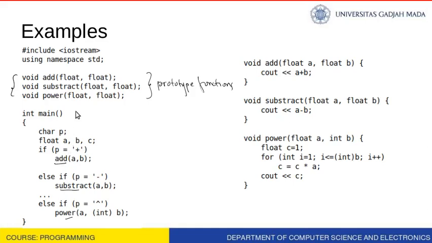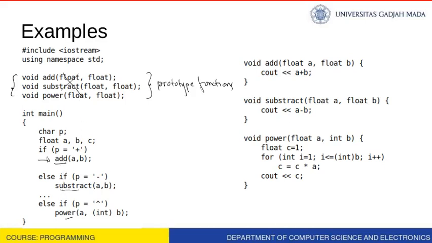If you don't have this, when you reach this function call add, the compiler doesn't recognize what this is, because you don't have the function, and also you don't have the prototype function or the declaration of the function. So this will be an error.